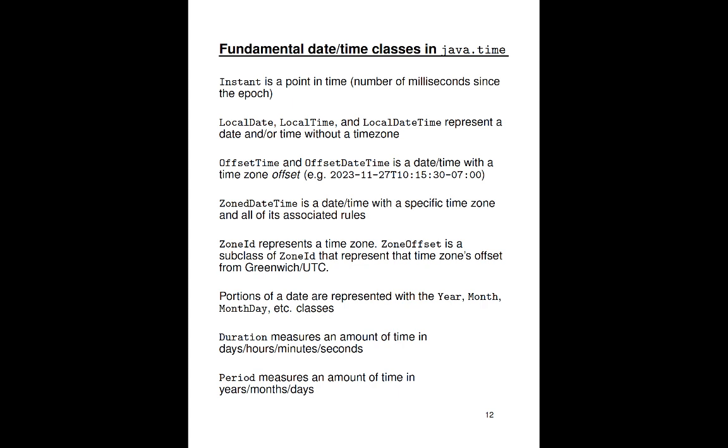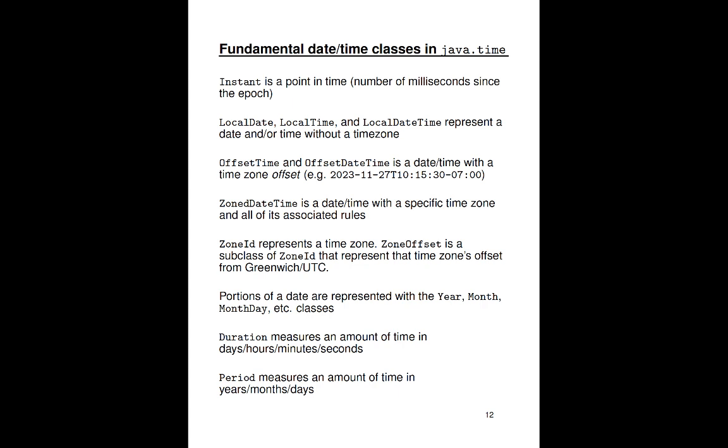So not a time zone with a given name, just one offset, like -7 hours GMT. A ZonedDateTime represents a date time with a specific time zone, like Pacific Daylight Time, and all of the rules associated with that.